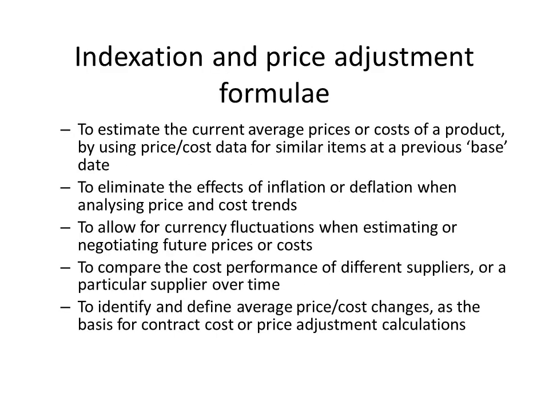So indexation and price adjustment formula, a little more on this. To estimate current average prices or costs by using cost data for similar items, to eliminate the effects of inflation or deflation, to allow for currency fluctuations, to compare cost performance, and to identify average price cost changes as the basis for contract price or price adjustment calculations.